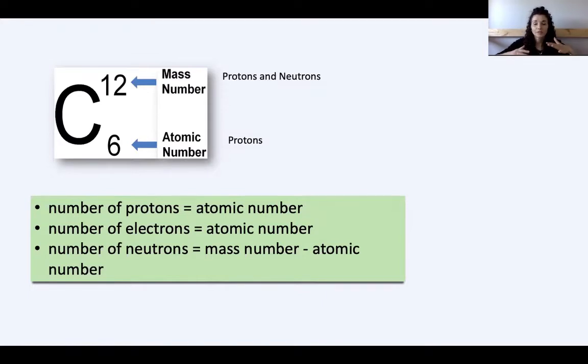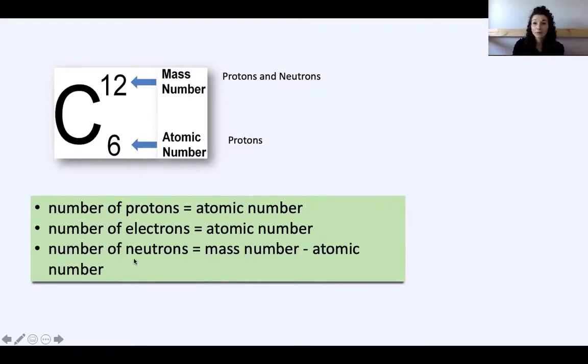Now, an easy way to remember this is to think of an atom like a seesaw. It needs to have the same number of positive and negative charges inside it to balance out this seesaw. So for example, carbon has got 6 protons. It needs to have 6 electrons to be able to balance out that positive negative seesaw, because atoms are always neutral.